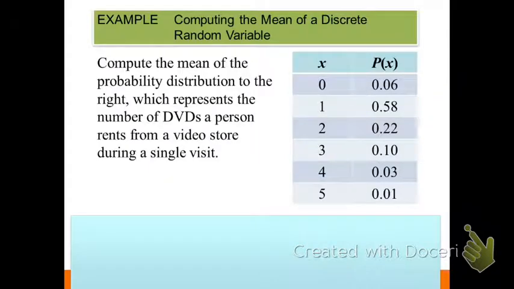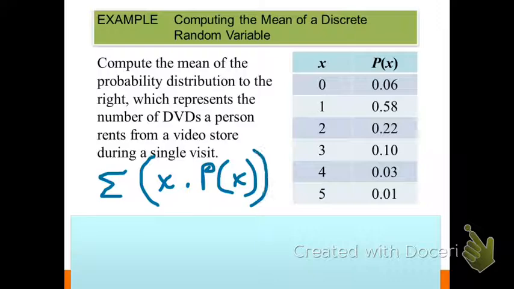So if we wanted to find the average, the mean of this population is going to be the summation. All right, let me write my ugly summation symbol. It's the summation of all the x's times their probabilities.